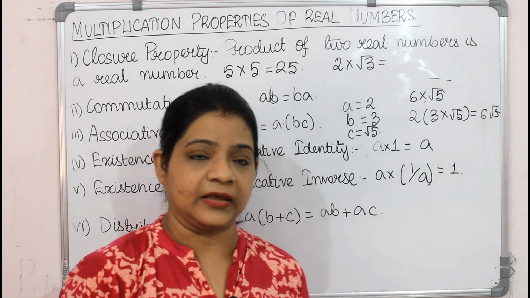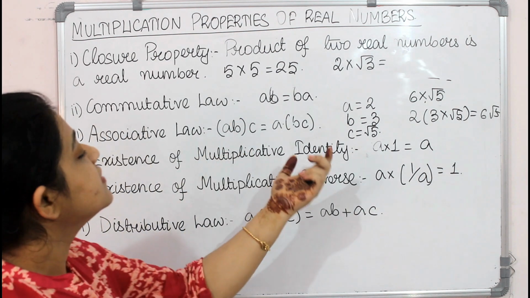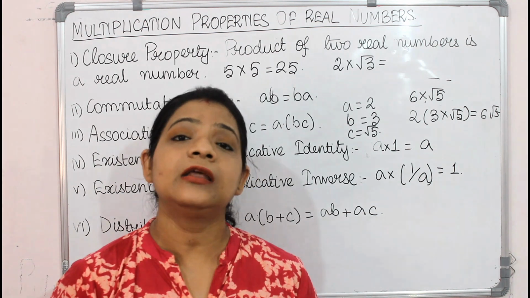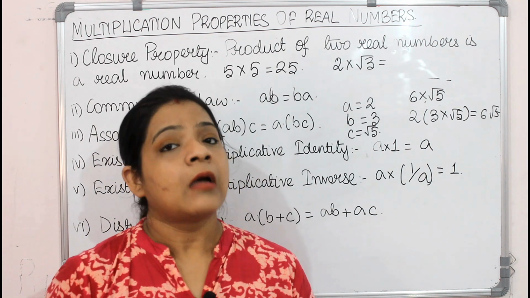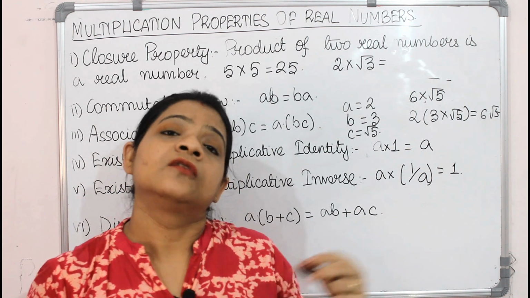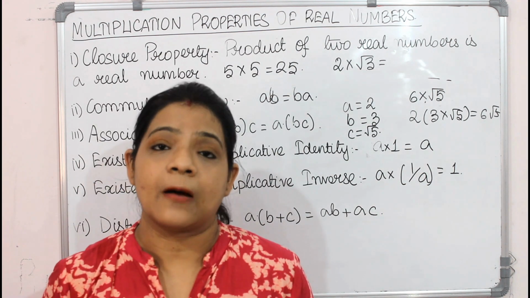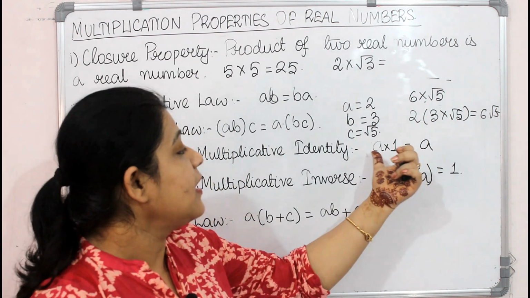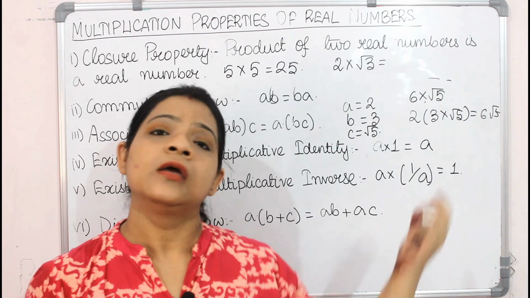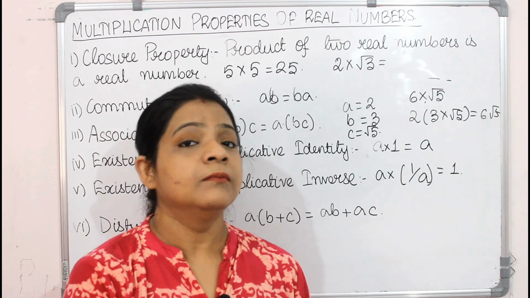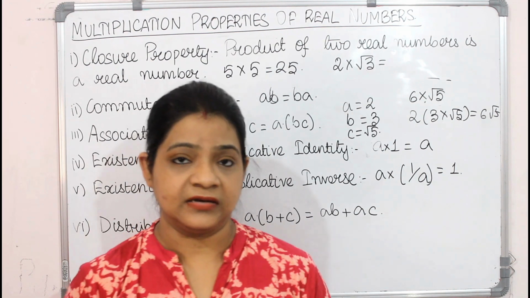So this is the associative law of multiplication. Next is the existence of multiplicative identity. Multiplicative identity means when you multiply a number with another number, the result gives you the same number. When is it possible? When you multiply any real number with 1, it will give you the same real number. So that is your multiplicative identity.